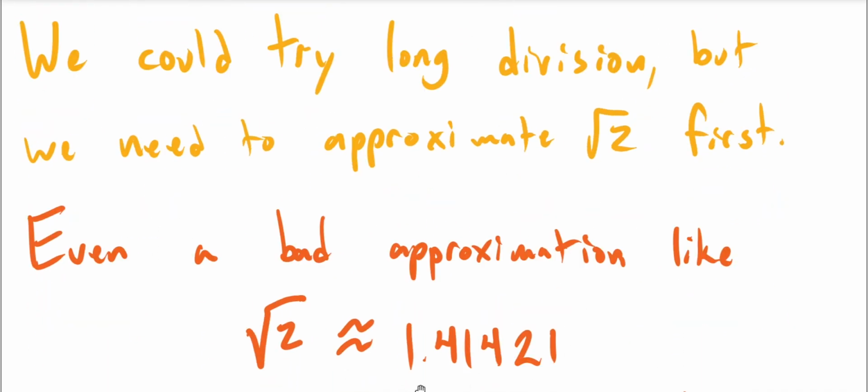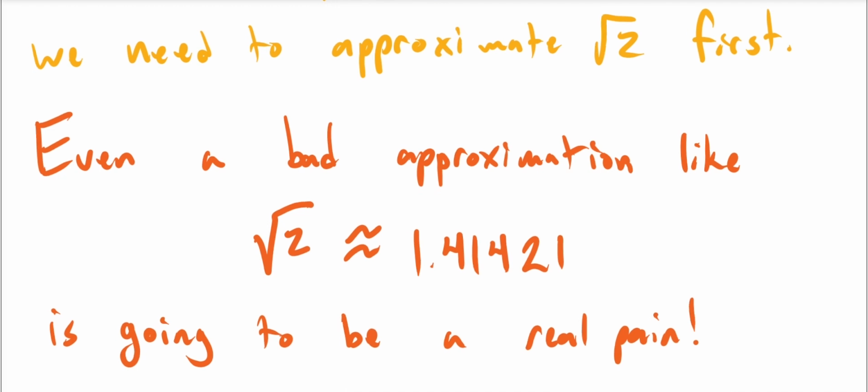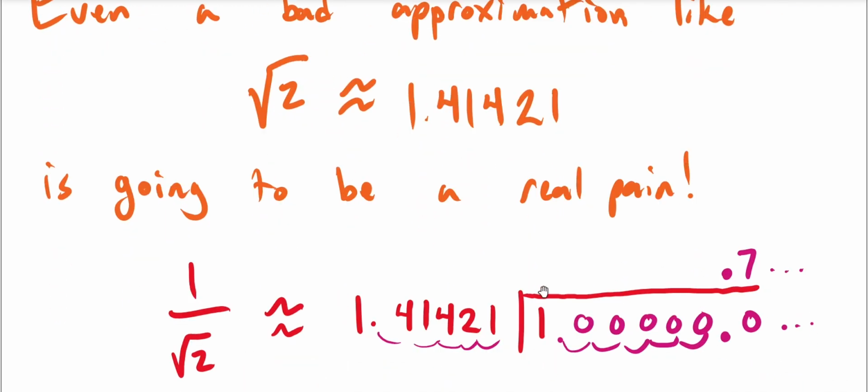But even if I take a bad approximation, like 1.41421, only 6 digits here, this is still going to be a real pain to do in long division. Let's see why. Putting the 1 inside the house, with the square root of 2 and its approximation right here, I would have to first move my decimal places and then say, how many times does 141,421 go into 100,000? Well, no times.